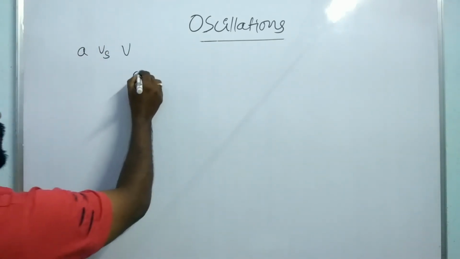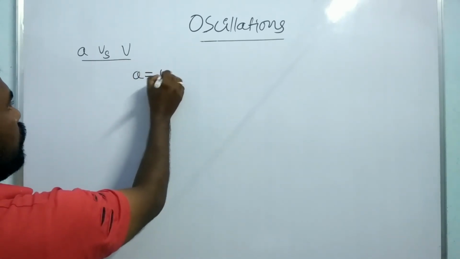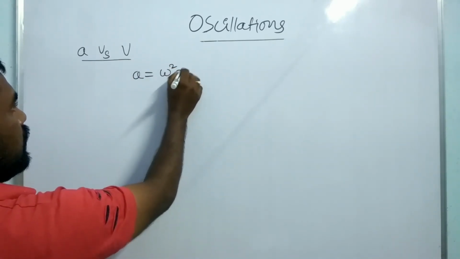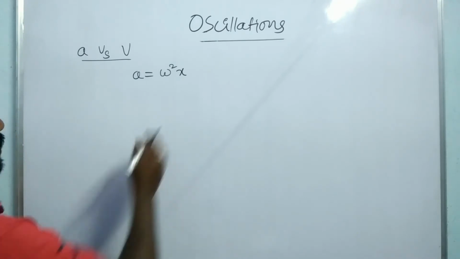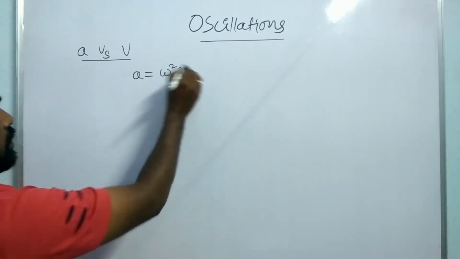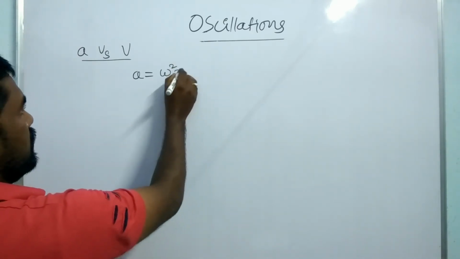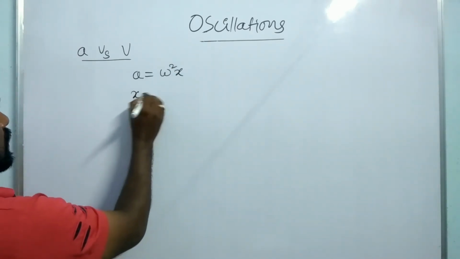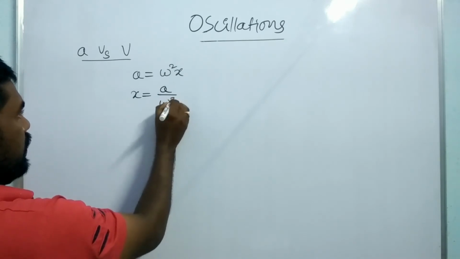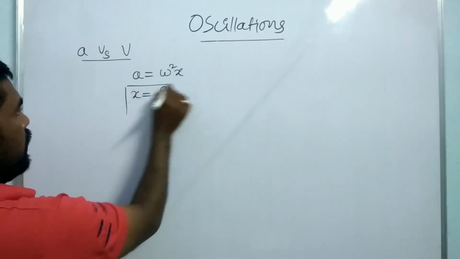So here a is omega square x. You have to write a equals omega square x, so x is equal to a by omega square.